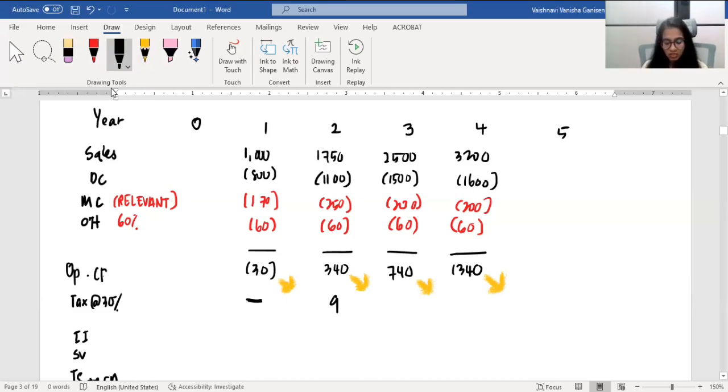This is 340 multiply by 0.3, it's 102. 740 multiply by 0.3 is 222. And finally 1340 multiply by 0.3 is 402.